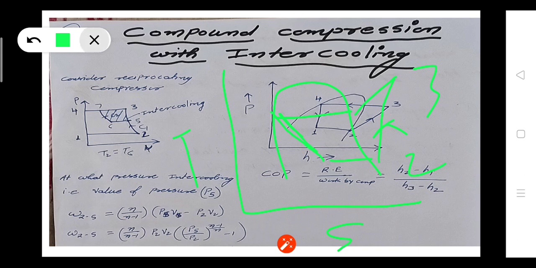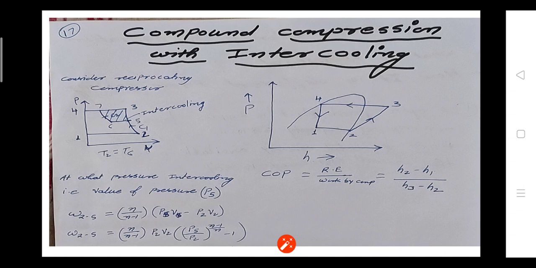If you see from the pH chart also, the difference between the enthalpies 2 to 3 is more because the temperature is increasing. As the difference between enthalpies is more, the work required in the compression process is more. So to reduce that consumption of work energy in the compression process, we use compound compression with intercooling.